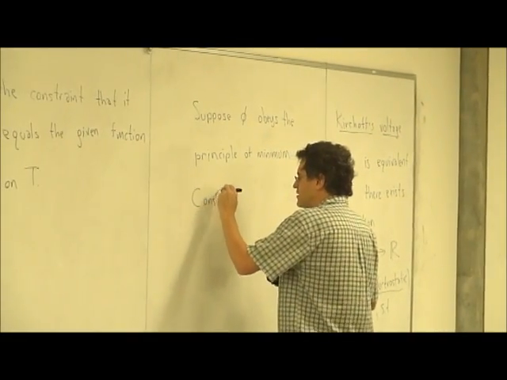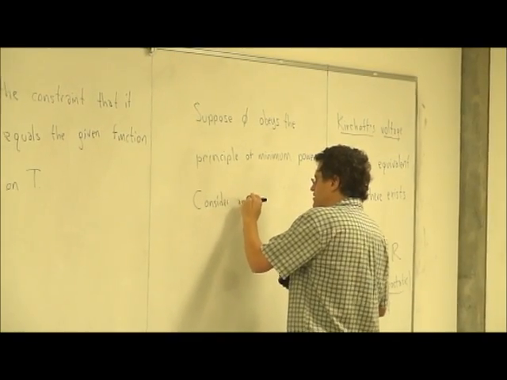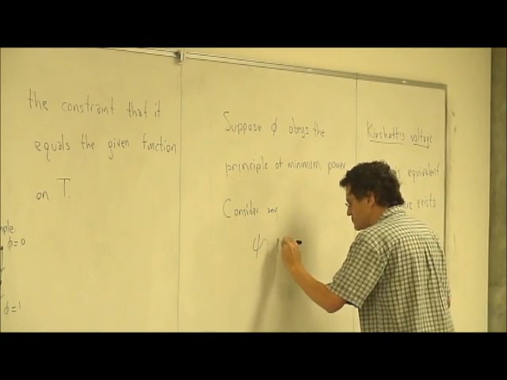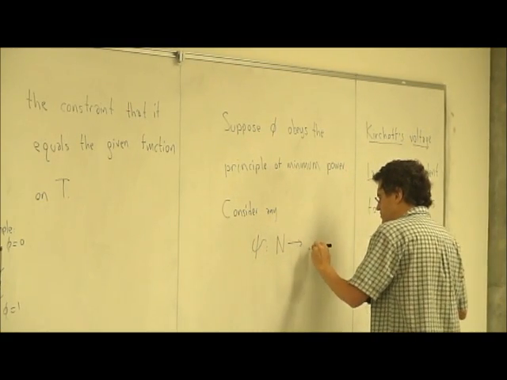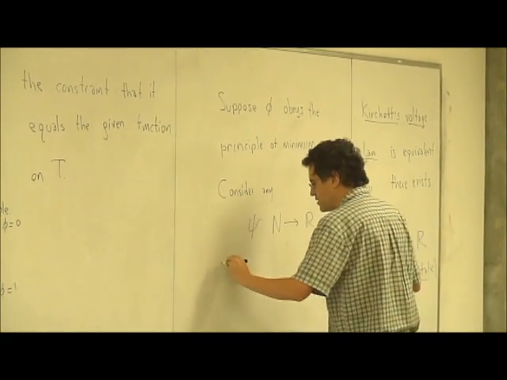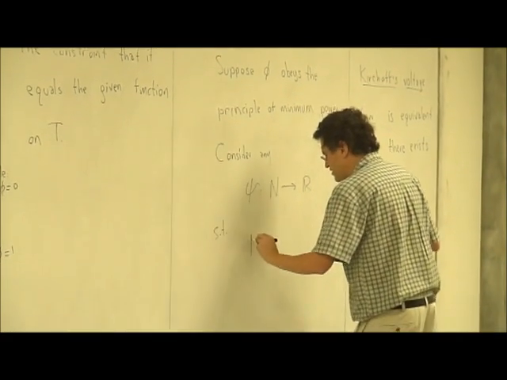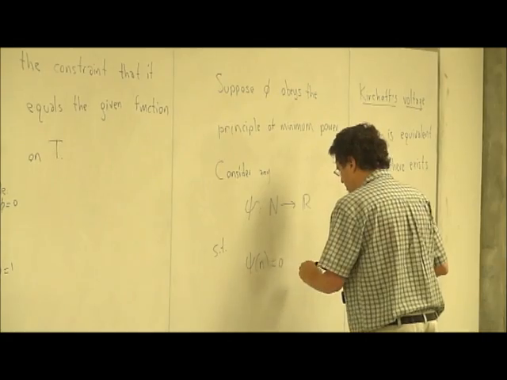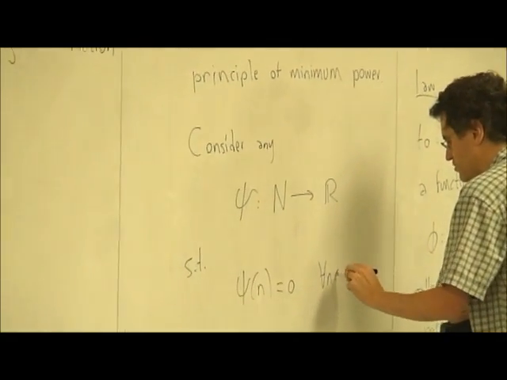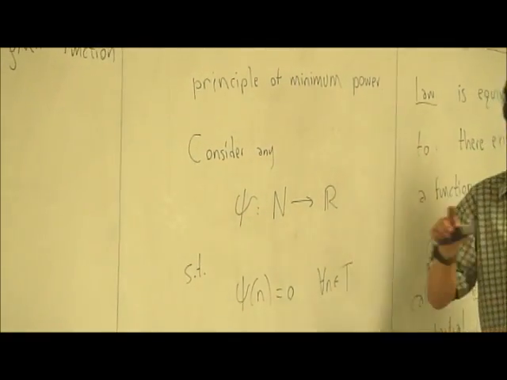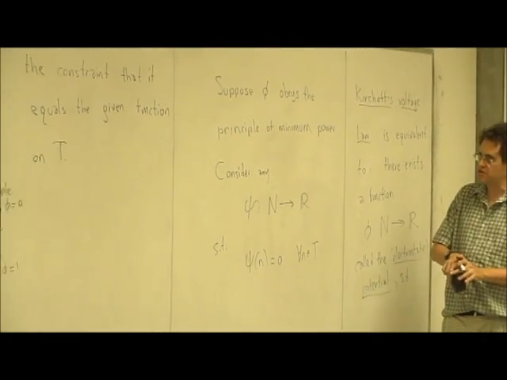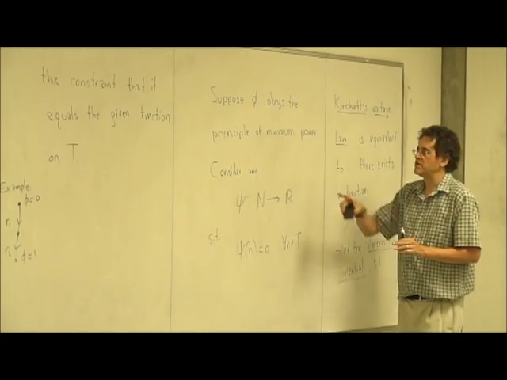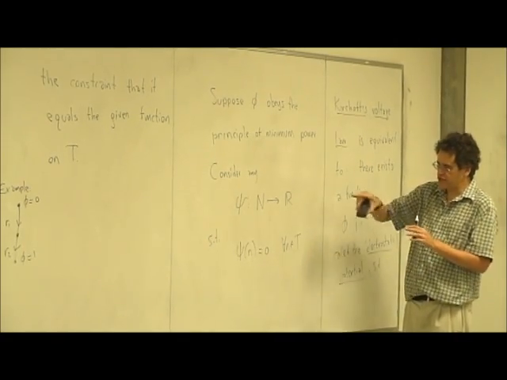So the idea is, consider any function c from nodes to real numbers that's equal to 0 for all terminals. So this c is going to be a function that we're going to use, roughly speaking, to add on to phi, to change it.